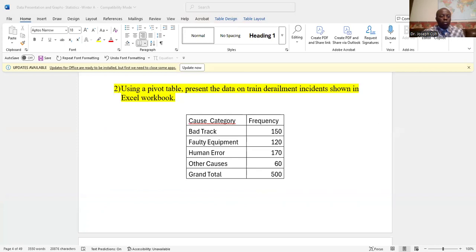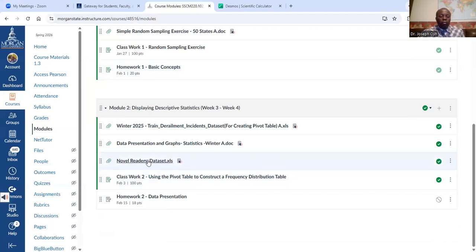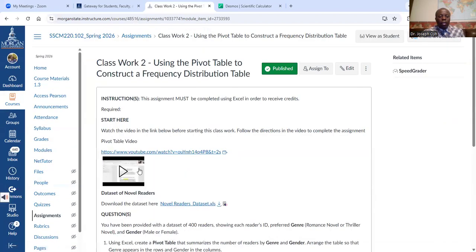If you go to the models, you will see it right here. For that one, you're going to use this data set. It's right here. You can watch this video first before you do Classwork 2, and after you upload the Excel so I can see your work. That's how you get your credit.